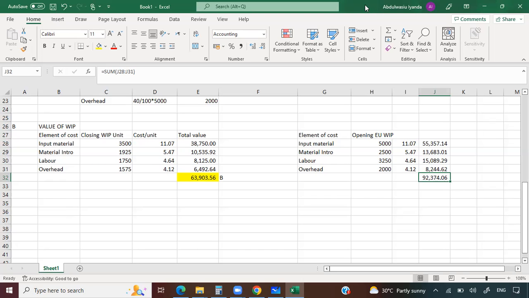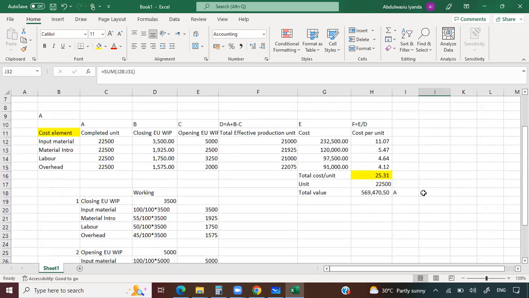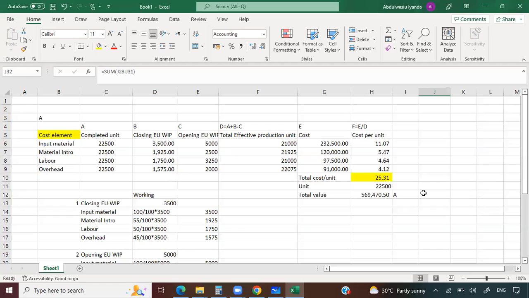If we are asked to calculate the value of opening work in progress, this is the calculation for it, for the opening. And if you are using another method, you understand? We are using another method, and then I can use it. So try to attempt this.